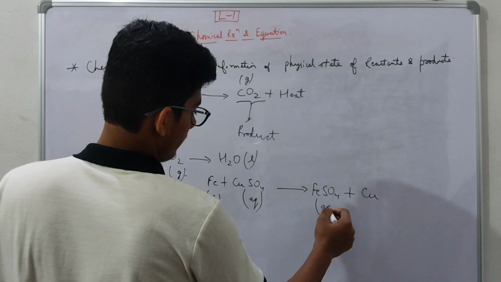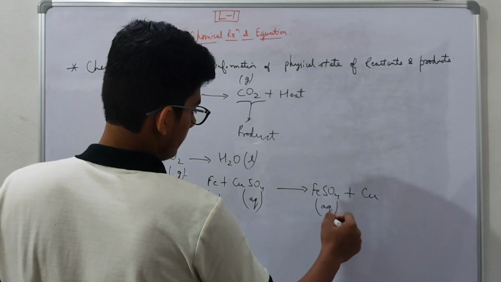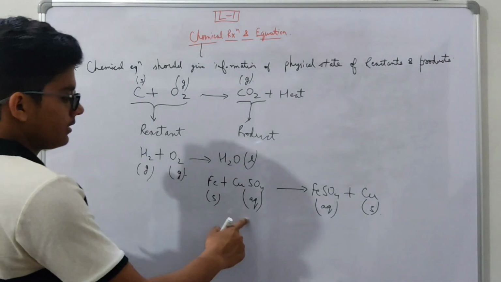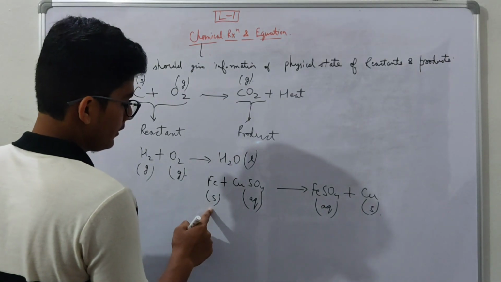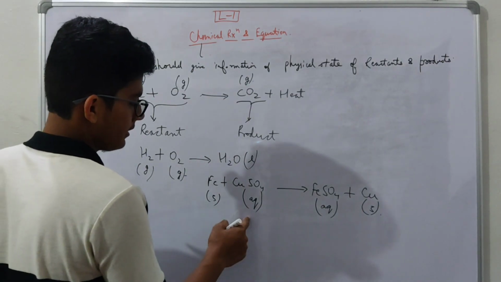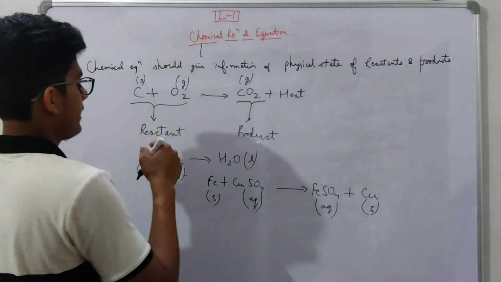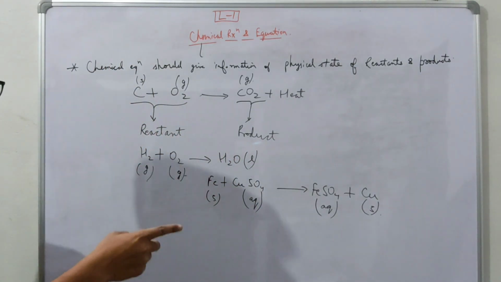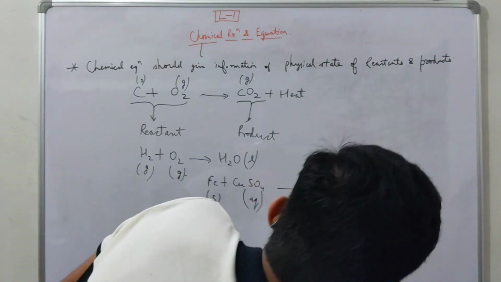FeSO4 is also an aqueous solution, and Cu is in solid form. So the physical states are denoted by S for solid, AQ for aqueous, G for gas and L for liquid. Take a screenshot of this. I am proceeding.